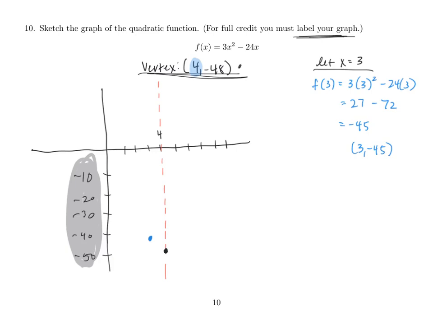That being said, if I move over 1 to the left and go up 3, I can do that this way as well. So this is over 1, up 3. This also has to be over 1, up 3. So another point would have to be here because it has to be a mirror image around the axis of symmetry. So that means I automatically know this other point. Let me do another color. Let's do green. This point has to be 5, negative 45.